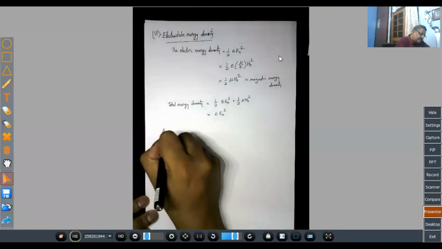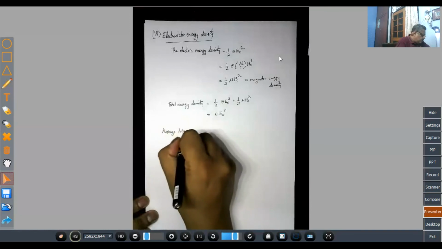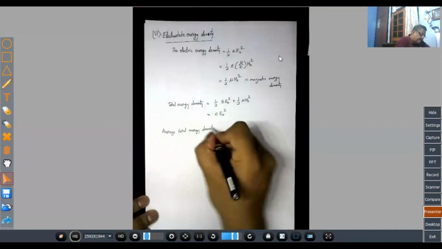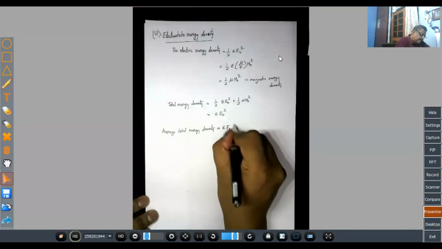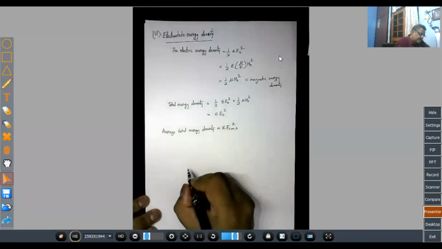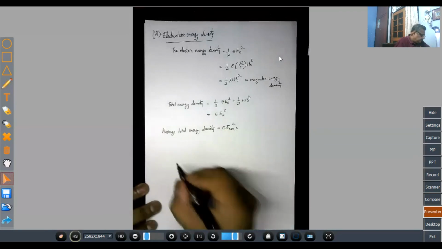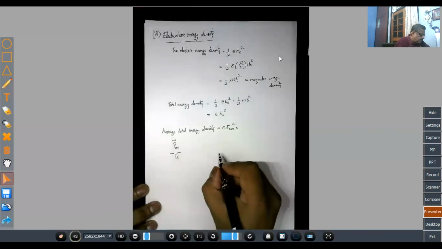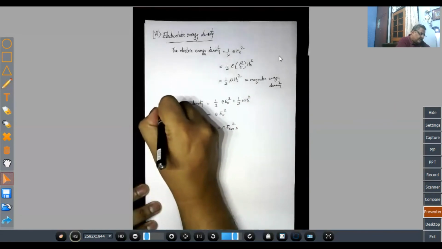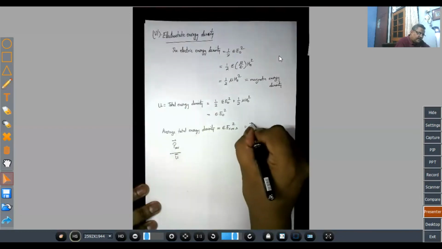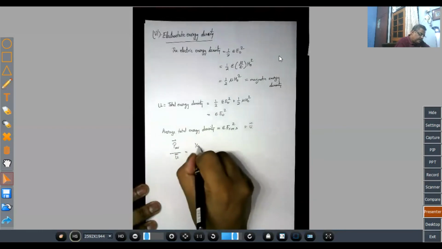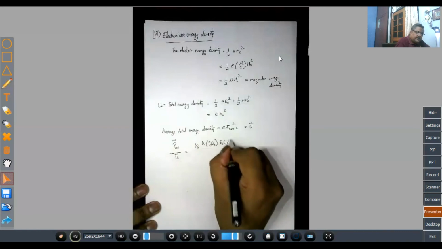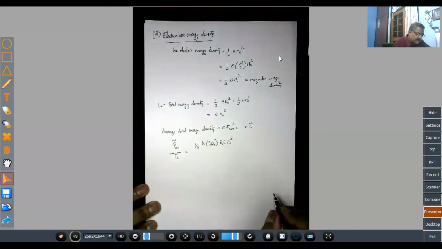So now the average total energy density is epsilon E RMS square. So the average power, this is U, this is U, this was the equation just after 9.